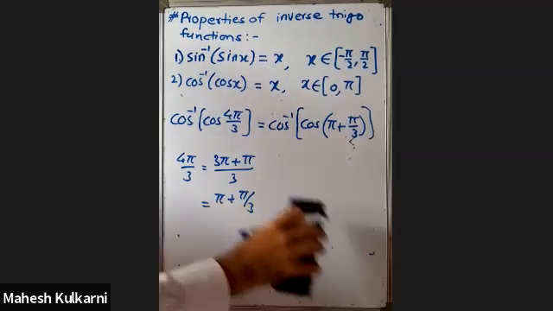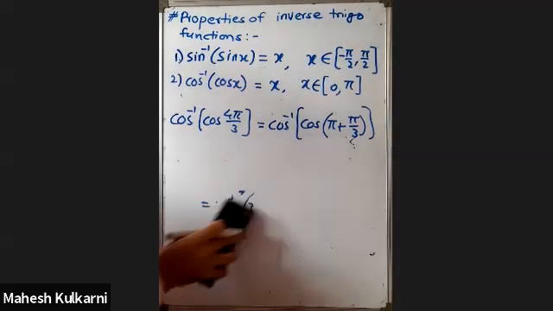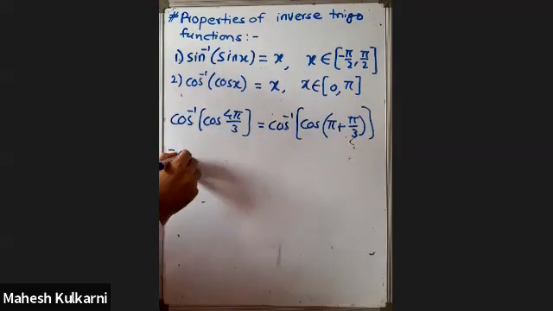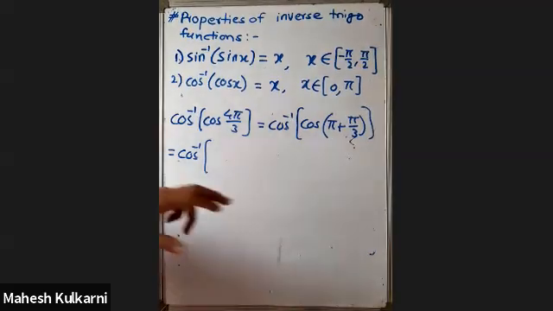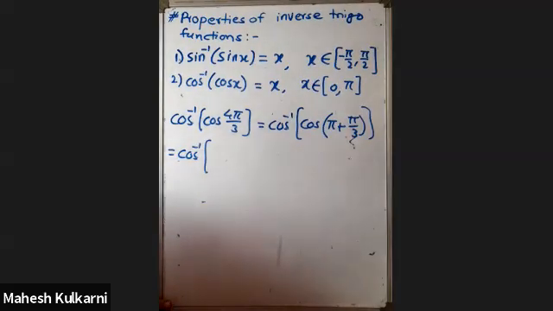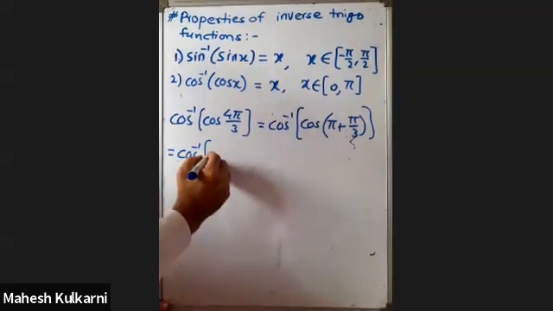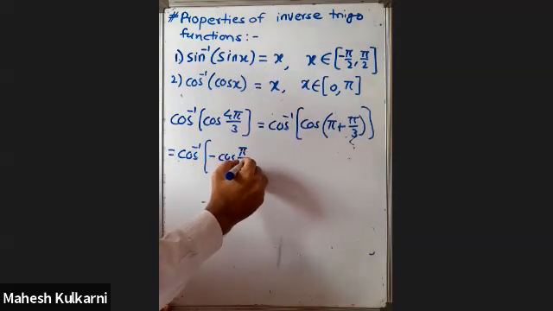So it is cos inverse of cos of pi plus pi by 3. Now use the allied angle formula. What is cos of pi plus pi by 3? It is pi plus pi by 3, so it is in quadrant 3, so it is minus of cos of pi by 3.